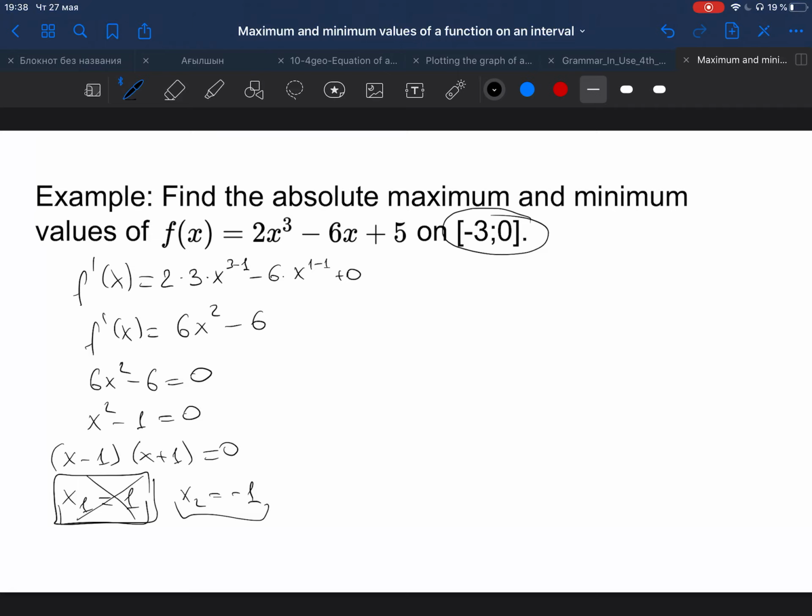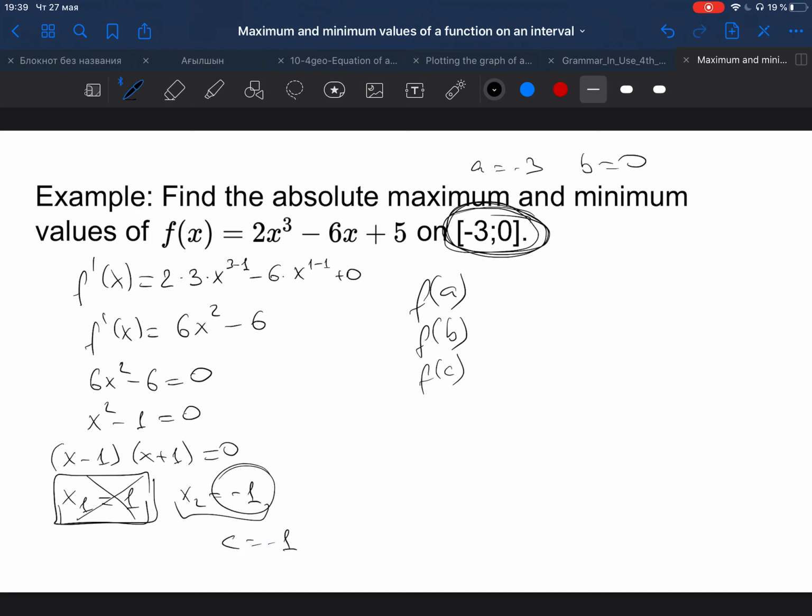Okay, after that, we need to put these three numbers in. Look at the interval firstly. We need to find f of a, where a is equal to -3. We need to find f of b, b is equal to 0, and we need to find f of c. c is equal to this number.